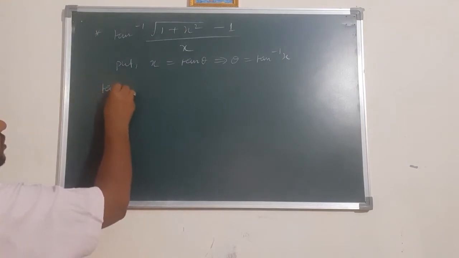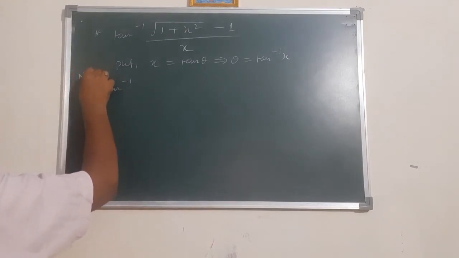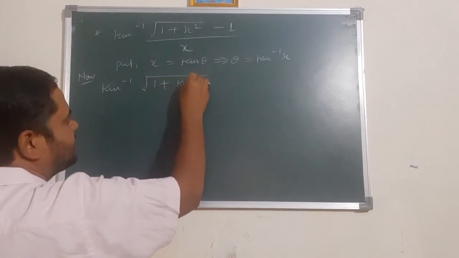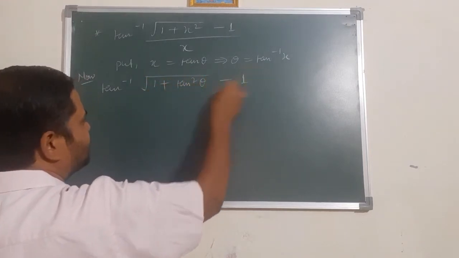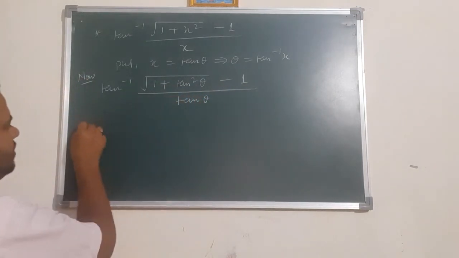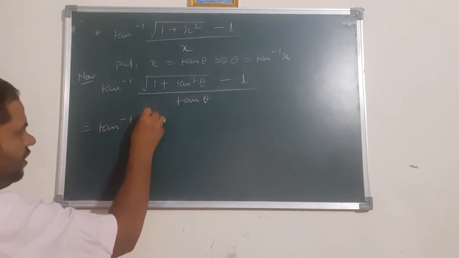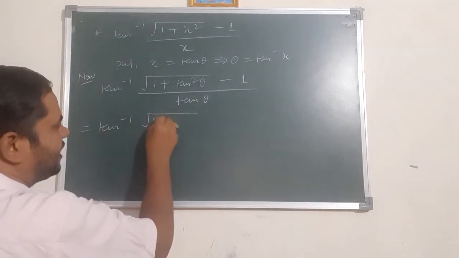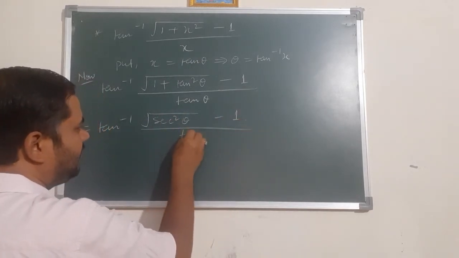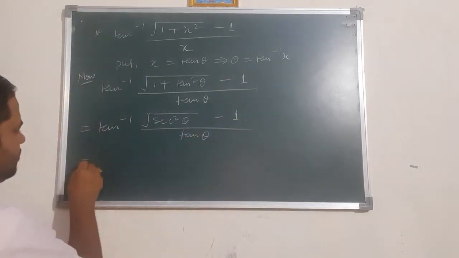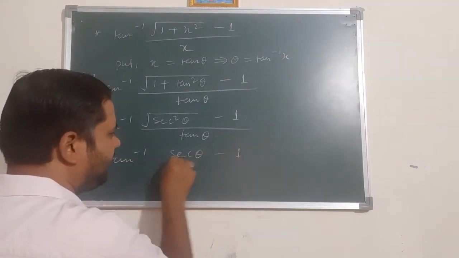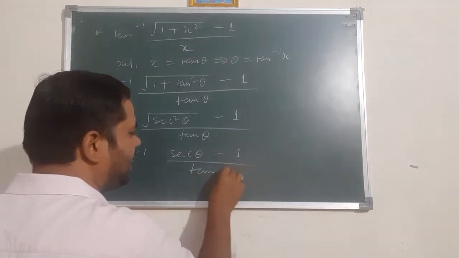Now tan inverse of root of 1 plus x squared, that is 1 plus tan squared theta, minus 1, divided by tan theta. So this is nothing but tan inverse of root of sec squared theta minus 1 divided by tan theta. So this is tan inverse of sec theta minus 1 divided by tan theta.